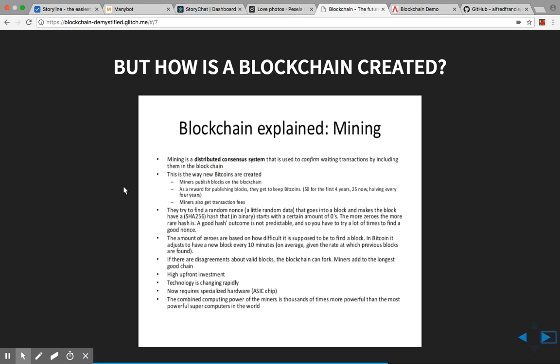Now, how is a blockchain created? It's created using what they call mining in the Bitcoin world, or any world. Mining is not where you go into a cave and start digging and probably find some gold. No, this is different. You do not use physical tools.